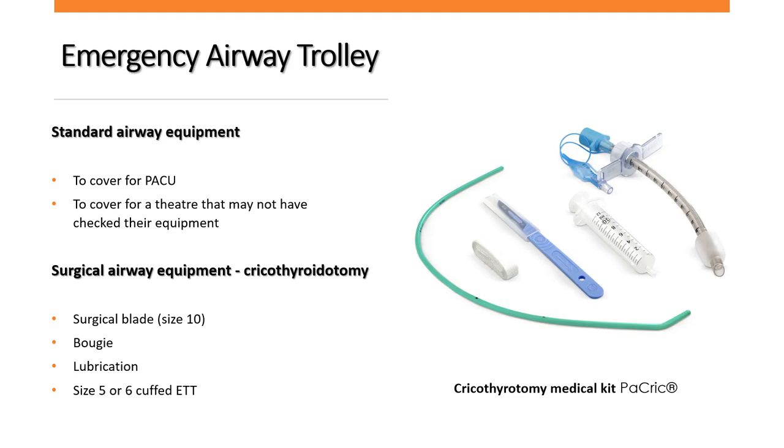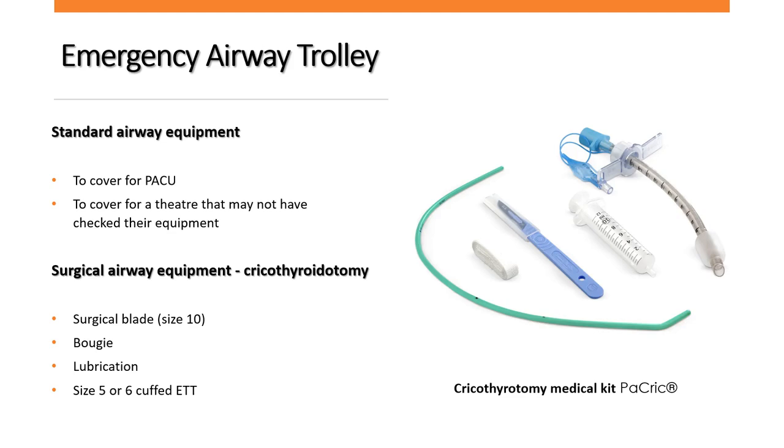In addition to our standard airway trolley that we've just gone through in some detail, your theatre complex also needs to have emergency airway equipment and/or a difficult airway trolley. This may have some of the standard airway equipment on it to cover any deficits that might be in the theatre or in the recovery room.